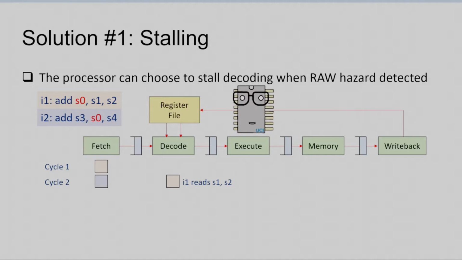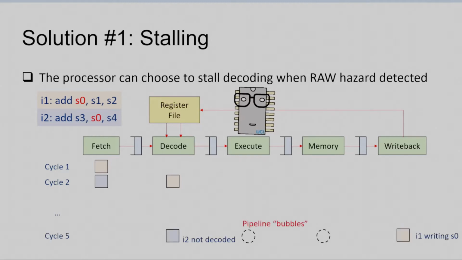And with the processor keeping that in mind, when the second instruction comes in, it can be just held at the decode stage, because the processor now knows that a previous instruction, instruction 1, wants to write to S0, and instruction 2 wants to read from S0.